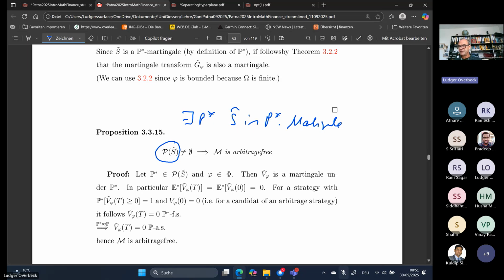And the proof is really easy. If we have a self-financing strategy phi, then phi tilde is also a martingale under P star. In particular, the expectation is the same.